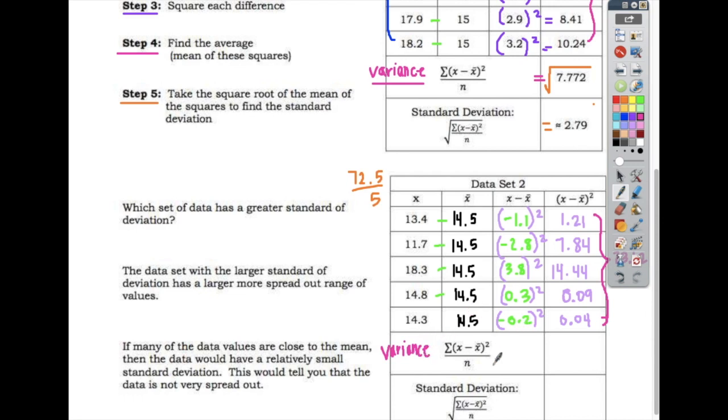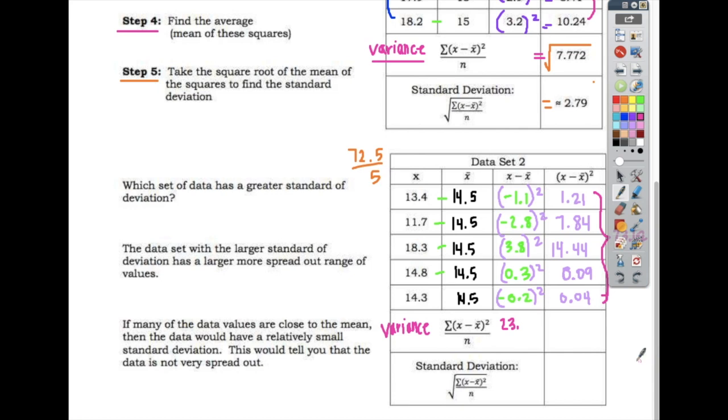So we take that number we just got, 23.62, divide that by 5 because we had 5 values that we added together. And we get 4.724.